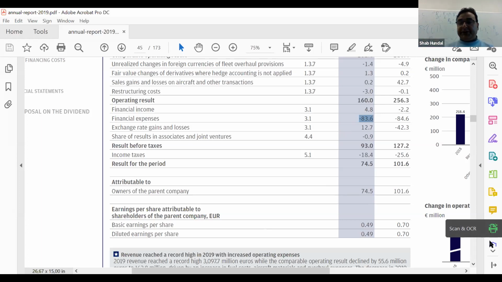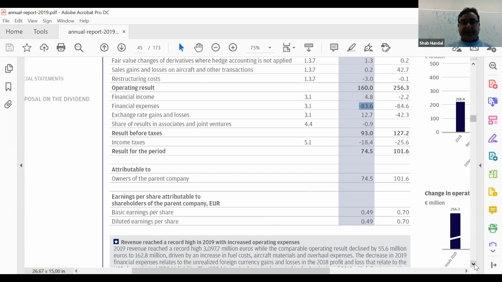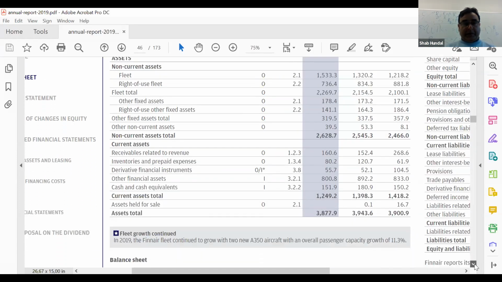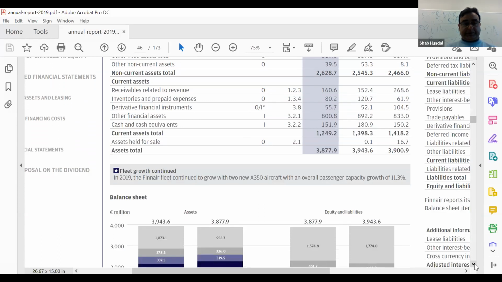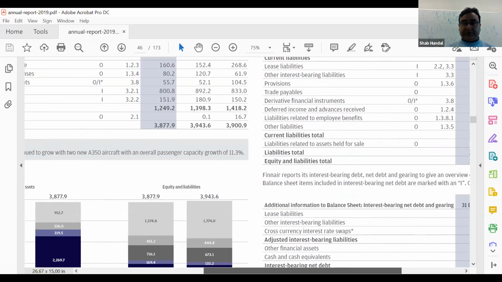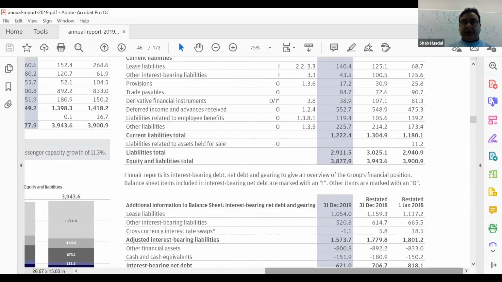If you want to see the debt, you have to go to the balance sheet of the company. And if I take the whole of liabilities, basically, it comes to be 2911.5, yeah? So that's my total liabilities.